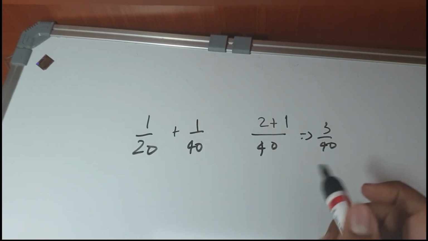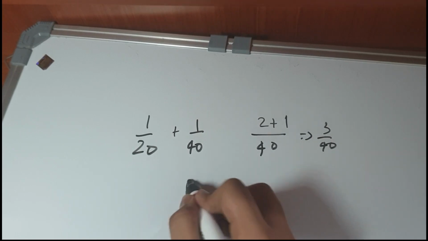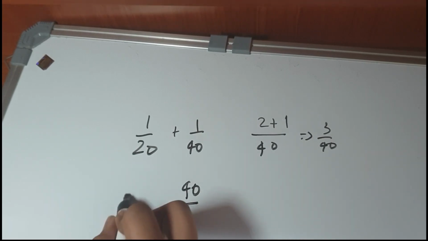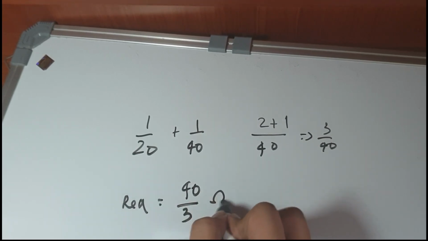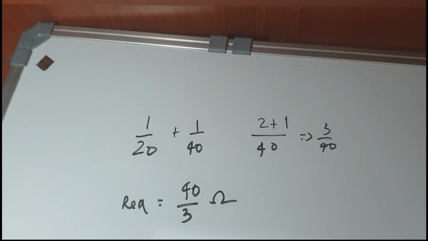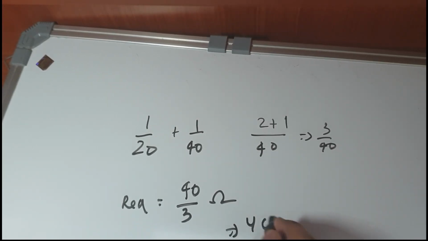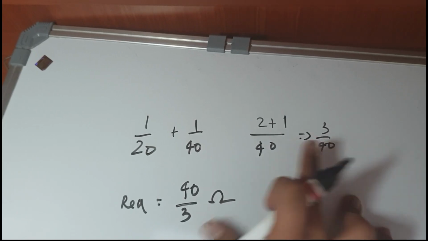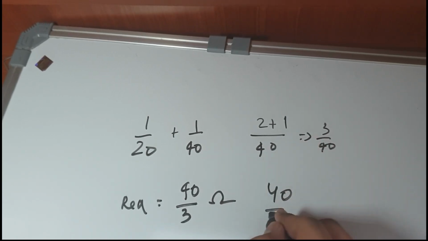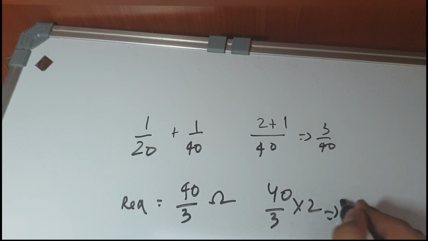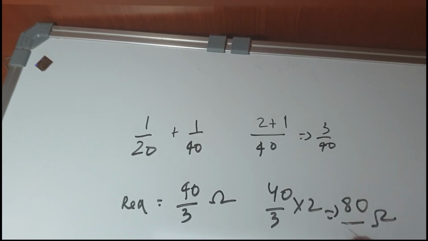I told you to take the reciprocal, so R equivalent will be 40 by 3 ohms. We can easily find the answer by multiplying it by 2, because both halves have the same figure. So the answer will be 80 by 3 ohms. Congratulations to all who got this answer.